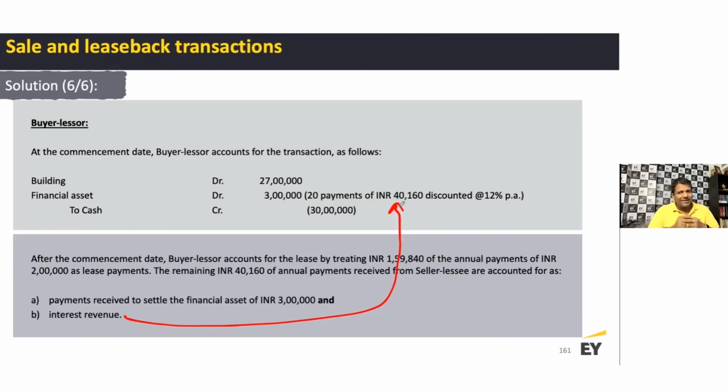You don't get to record the entire 12 lakh rupees as a profit. You only get to record the interest which has been transferred, because you retained an interest, which is this 11 lakh 94,000. So a proportion of 11 lakh 94,000 with reference to your carrying value to the fair value is what is retained. The balance is the profit which you get to record.